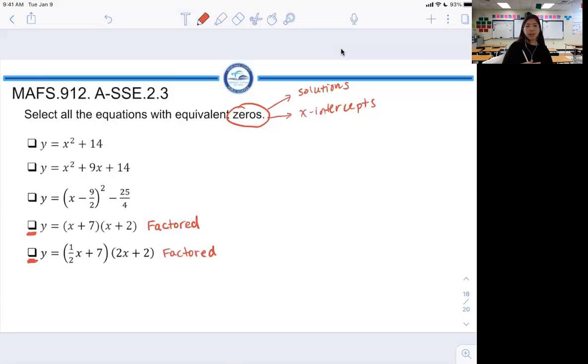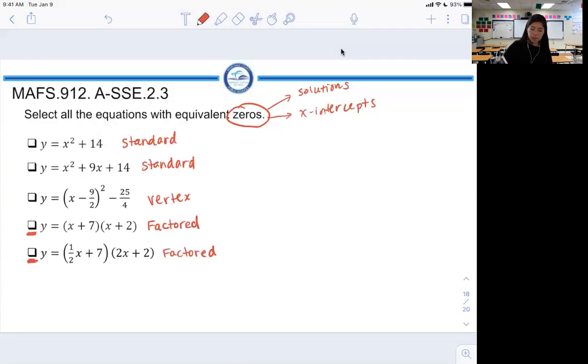All of these are quadratic, but what form are they written in? Standard. How about C? Vertex form. So they're each different forms, but the ones that are obvious are the ones in factored form.